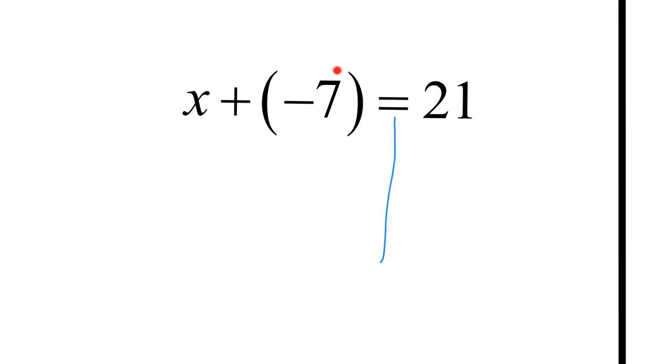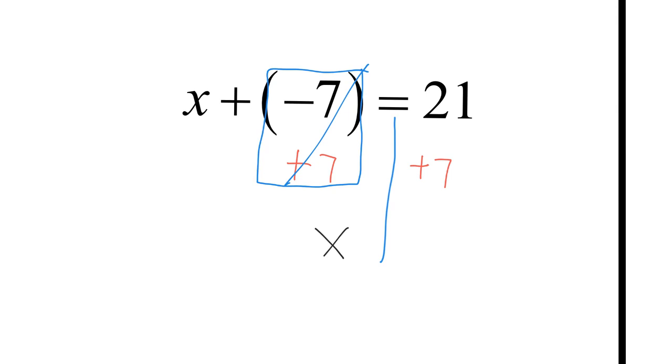So you just ignore the parentheses and this plus, and you do the opposite of the number inside the parentheses. We have a negative, so the opposite will be a positive. So you add 7, and on the other side, you add 7. These two numbers, negative 7 plus 7, cancel. You bring down the x, and on the other side, 21 plus 7 is 28. So my answer will be x equals 28.